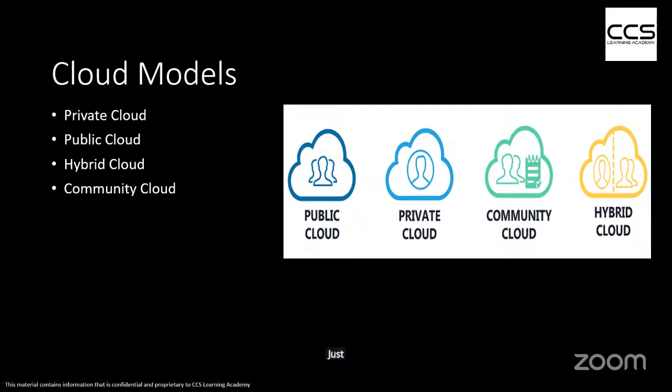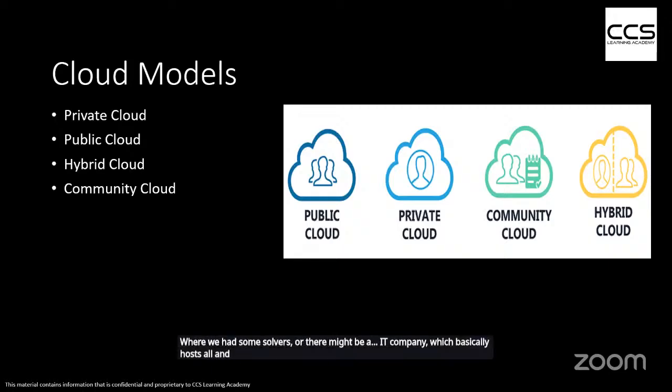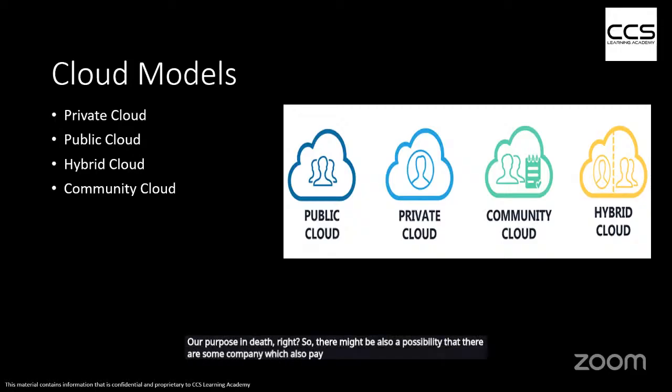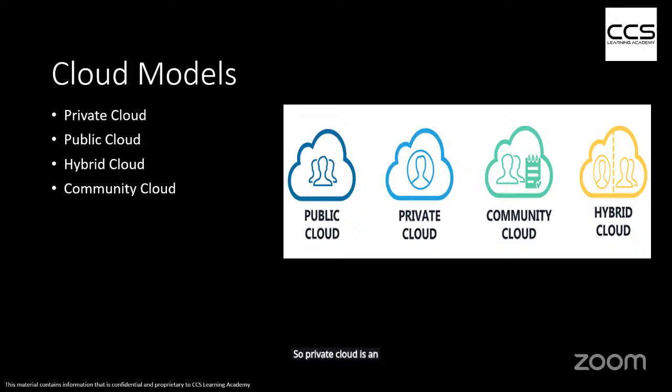For example, there might be a university campus where we have some servers, or an IT company which hosts and manages all the data in its own personal data center. There might also be companies which pay a third-party service provider to host their private cloud. So a private cloud is an internal enterprise or corporate cloud, right?